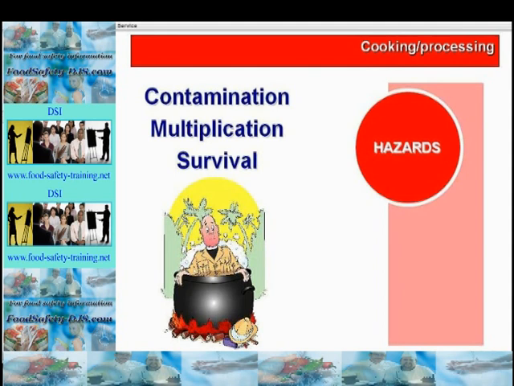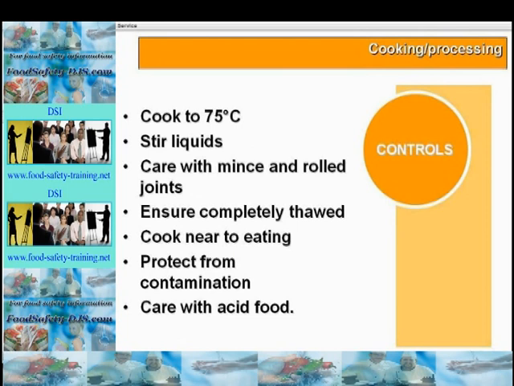Good hygiene practices are again a prerequisite. Controls include cooking to 75 degrees Celsius core temperature, heat source under whole of pan, stir liquids regularly, avoid slow cooking, especially with the centre of large bone joints at low temperatures, care with minced products and rolled joints.